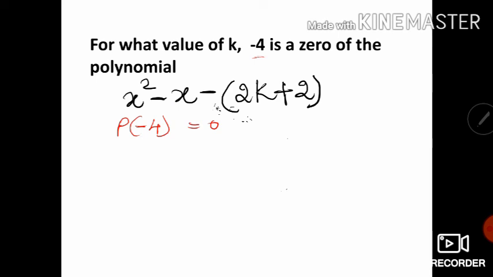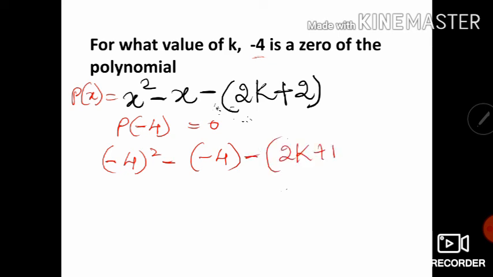So we will substitute minus 4 in this polynomial and equate it to 0. So minus 4 square minus minus 4 minus 2k plus 2 should be equal to 0.